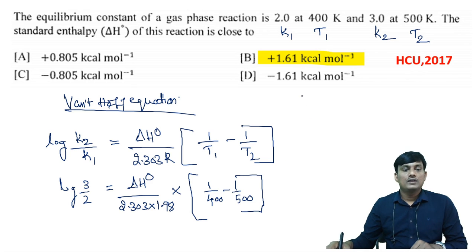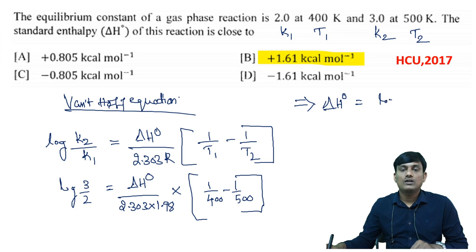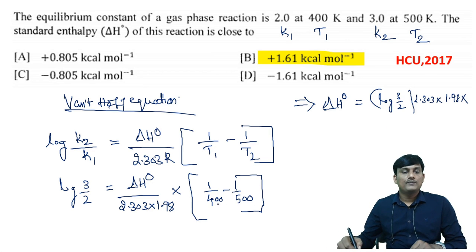So that implies delta H naught is equal to log 3 by 2 into 2.303 into 1.98 into 400 into 500 divided by 100.